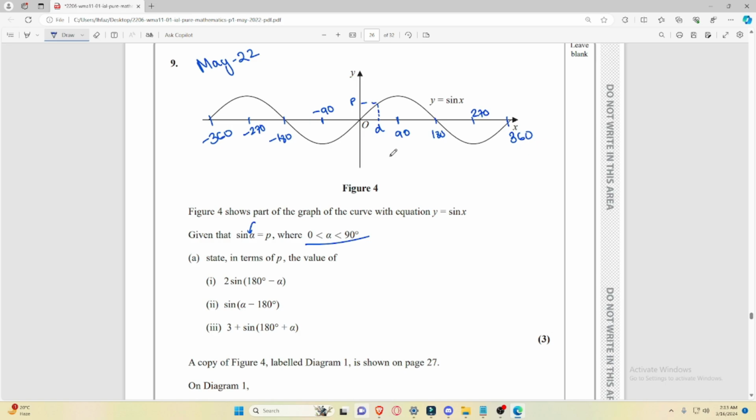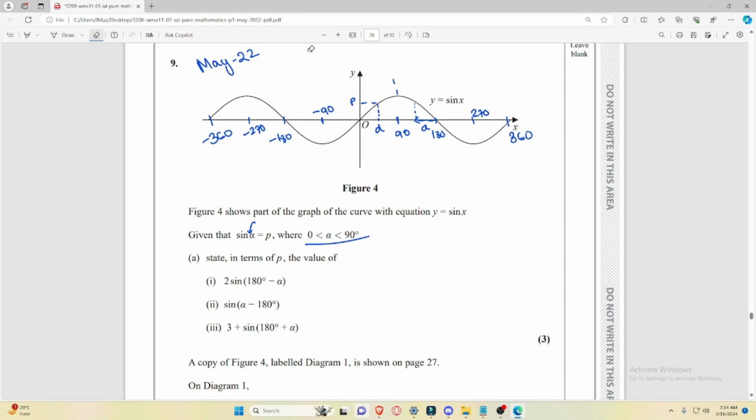180 minus alpha. That means from 180 I went alpha distance backwards. So now if I go alpha distance backwards, I'm still gonna get the same y coordinate, which is p. Why? Because according to symmetry, sine graph is symmetrical about its turning points. So this is a turning point.